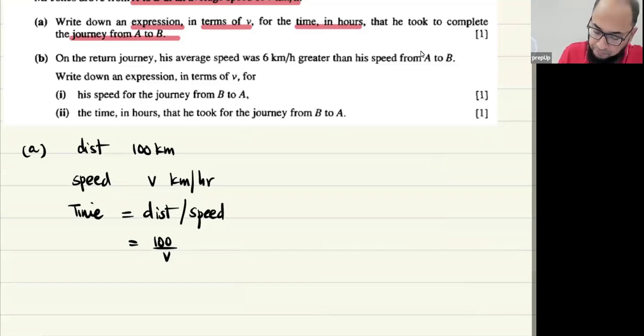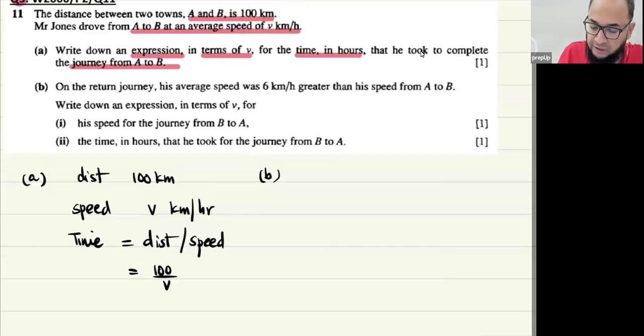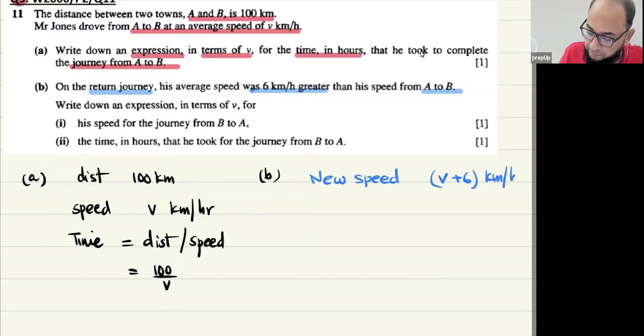Now part B, it says on the return journey, so the distance is still the same, it's unchanged. On the return journey, his average speed was 6 kilometers per hour greater than his speed from A to B. That means the new speed on the return journey is V plus 6 kilometers per hour.